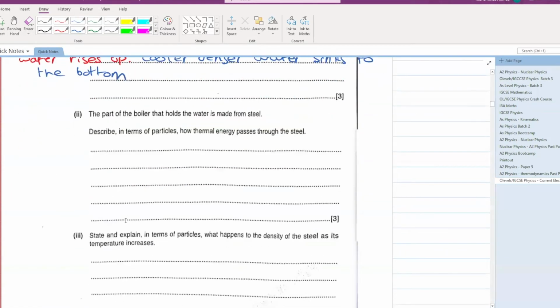The part of the boiler that holds the water is made from steel. Describe in terms of particles how thermal energy is transferred through steel. Okay. So what will we say? Vibration of molecules causes the molecules to collide with each other.